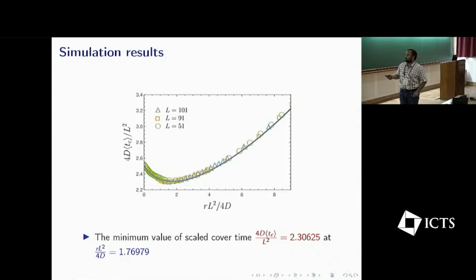And this universal rescaled rate r L squared by 4D basically minimizes the cover time at the value of 1.76979, which is another universal quantity for this system, single RW 1D, and the value of the scaled cover time at that point is 2.30 something, and you can see that it completely matches the simulation results.